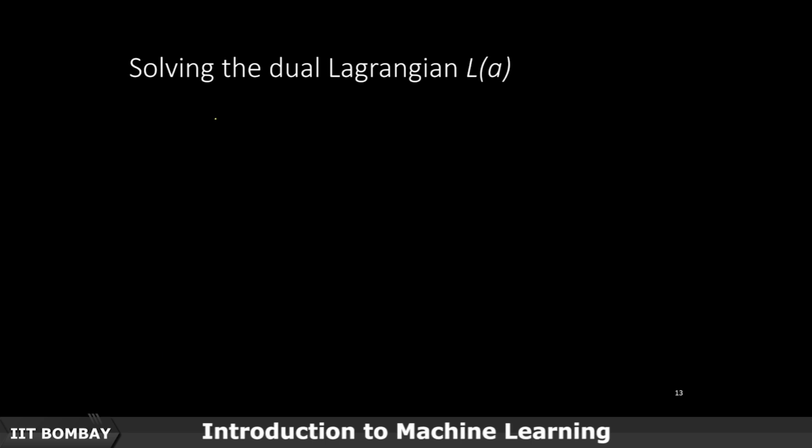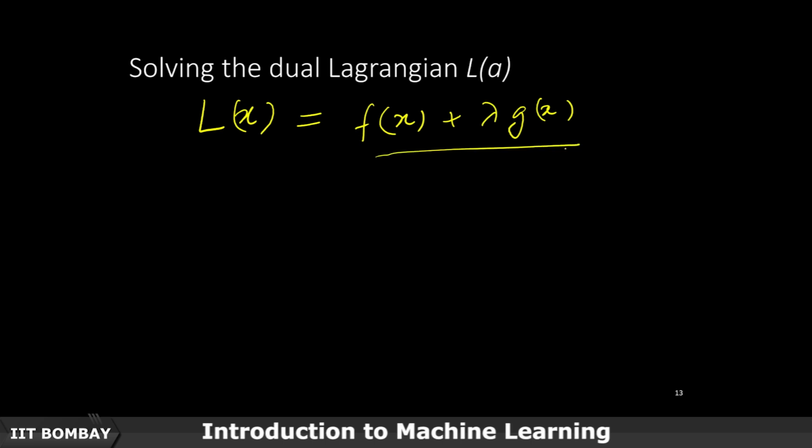So let's start with the original formulation that we were looking at, the canonical representation of the Lagrangian. We were looking at the Lagrangian of x, and it was about minimizing f(x) subject to the condition that g(x) is greater than or equal to 0. What we found was that minimizing f(x) subject to that condition is the same as working with this particular minimization.